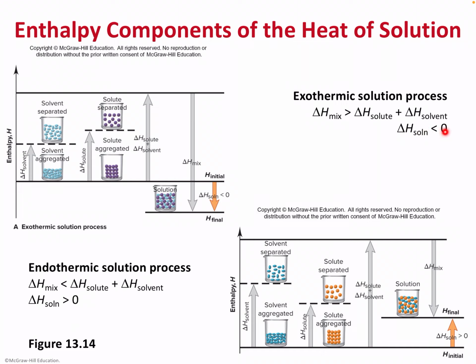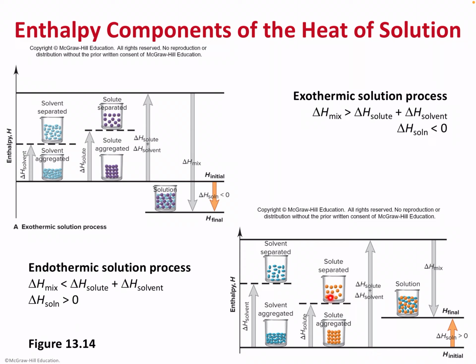In an endothermic process, again, in both cases, solvent and the solute becoming separated are going to be endothermic. It needs energy for them to be separated. You see, they absorb energy and come to a high energy state.